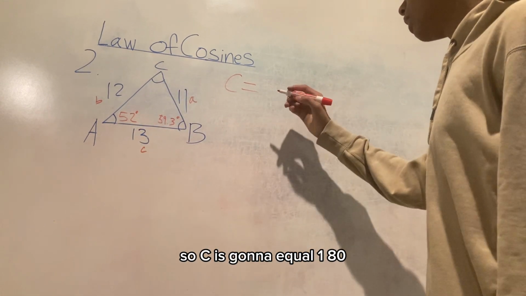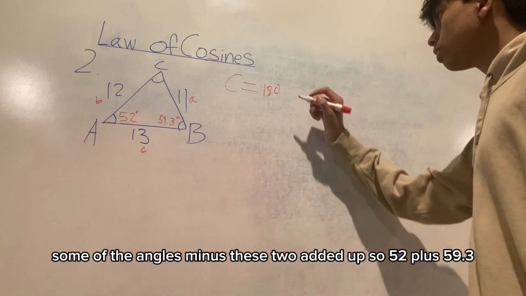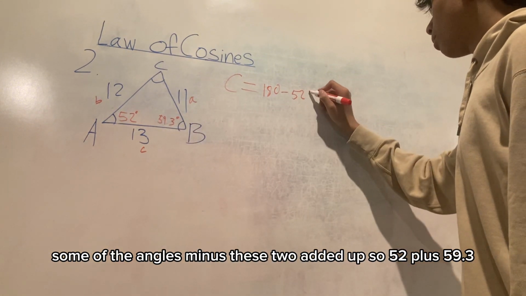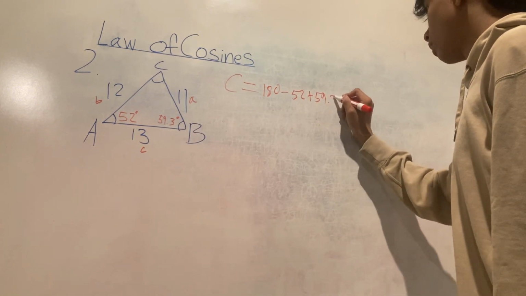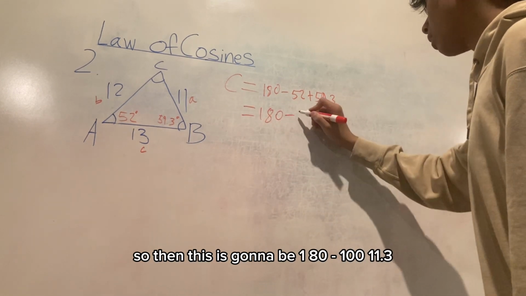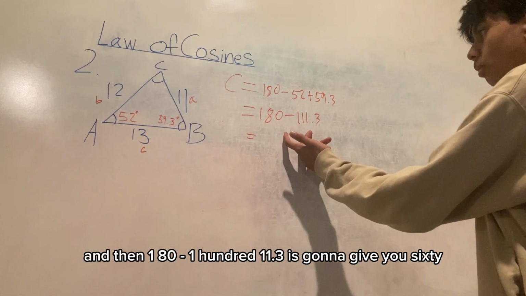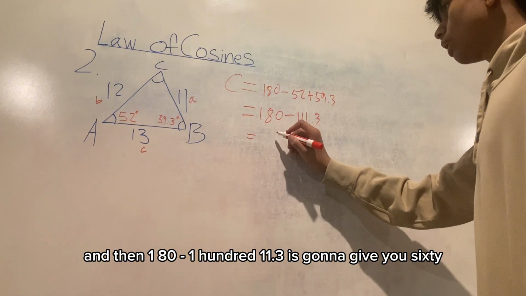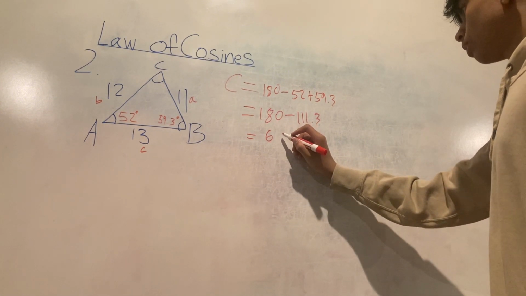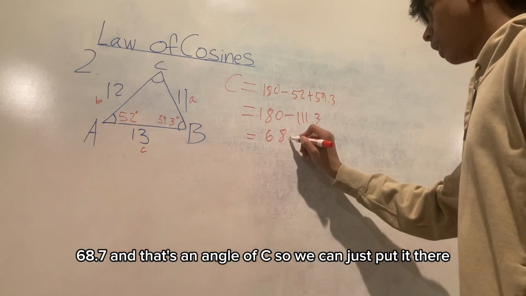So C is going to equal 180, which is the total sum of the angles, minus these two added up. So 52 plus 59.3. So then this is going to be 180 minus 111.3, and that is going to give you 68.7.